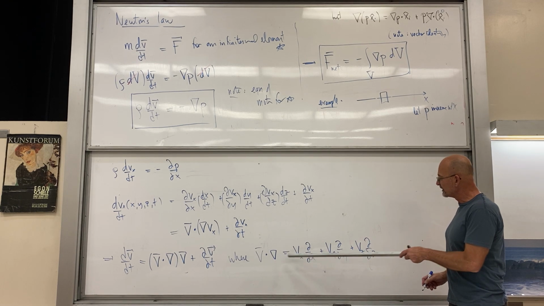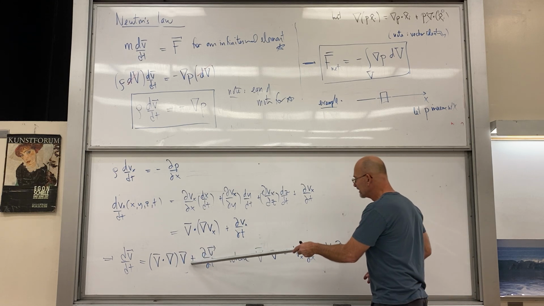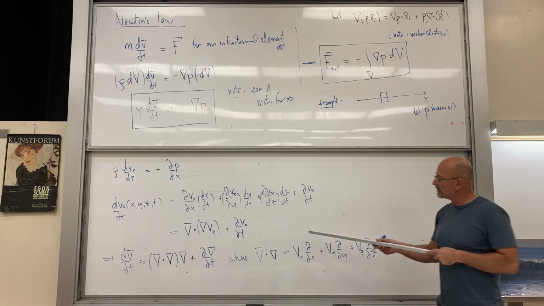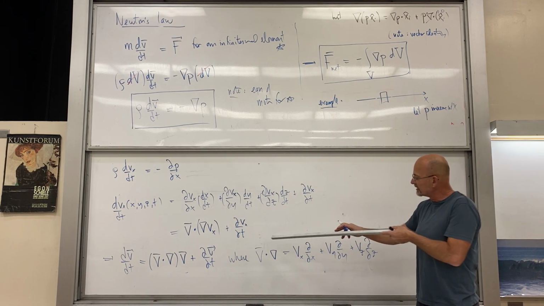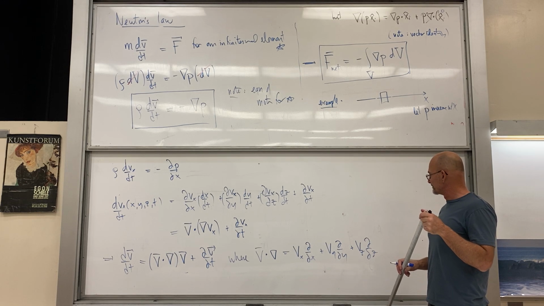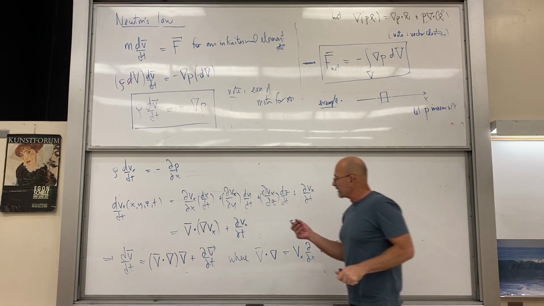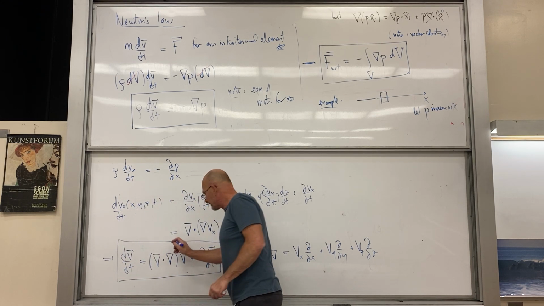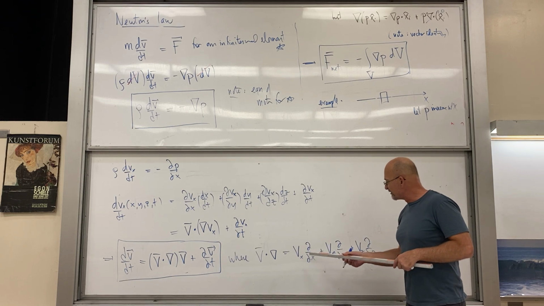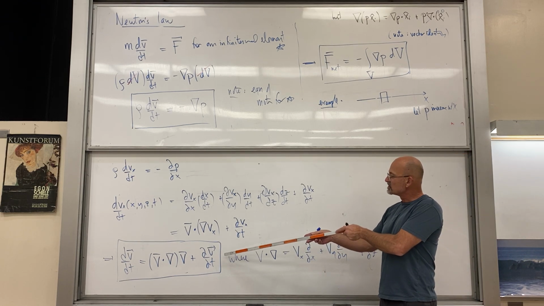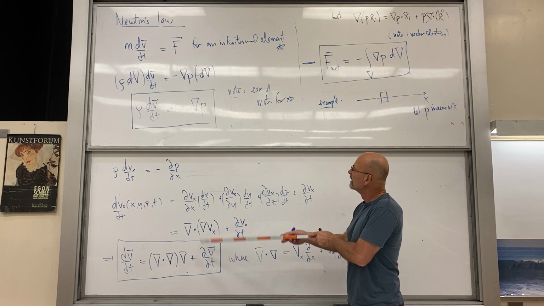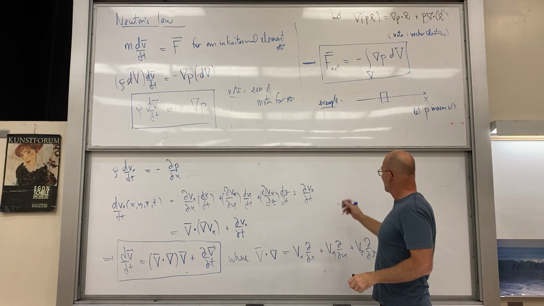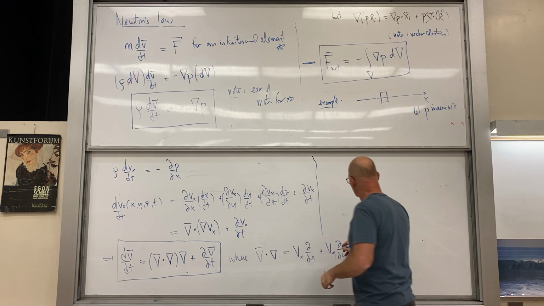So if we apply this to the vector v, we do it three times, and first with x we get this expression, and we get the corresponding y and z expressions. By the way, this is why the mathematics of fluid mechanics becomes so difficult. This is going to be a highly nonlinear differential equation now, because we're going to take this expression and equate it to negative gradient of P over rho. And I have room right here, but this is an important one.